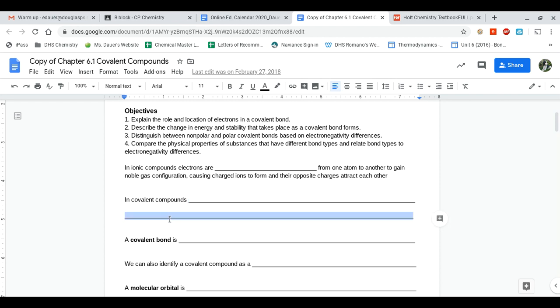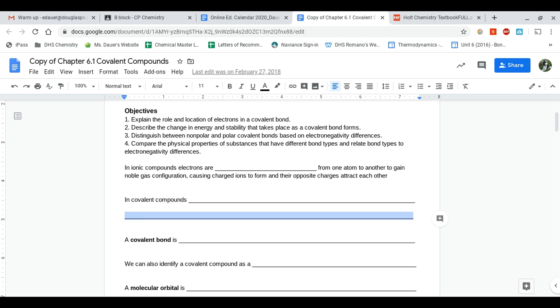In covalent compounds, electrons are shared, just like you may experience with your brothers or sisters. Things can be shared evenly or unevenly. That's going to be about looking at those vocab terms, a polar covalent versus a nonpolar covalent, where one is shared unevenly and one shared evenly. So please also take note, not only in covalent compounds are electrons shared, they can be shared equally and unequally.